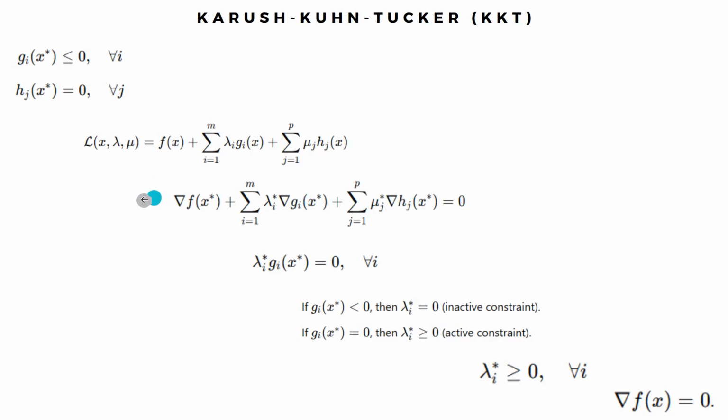This condition ensures that the point x star is a critical point, taking into account both the objective and the constraints.